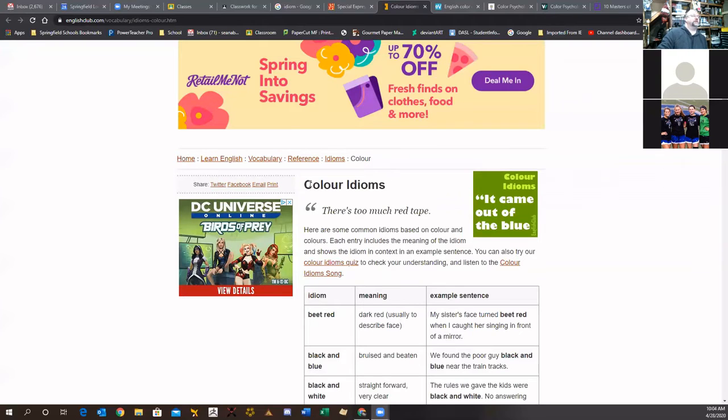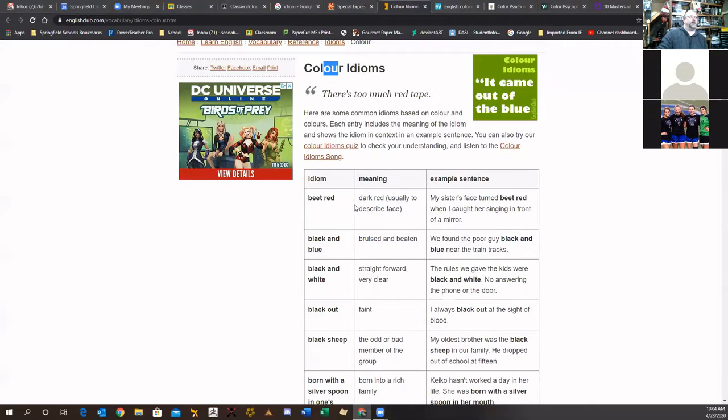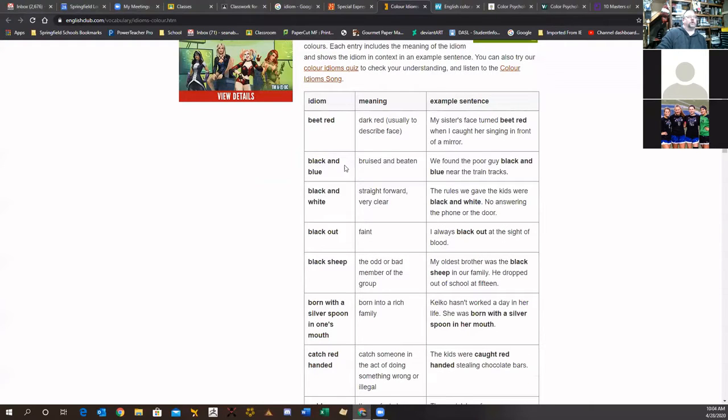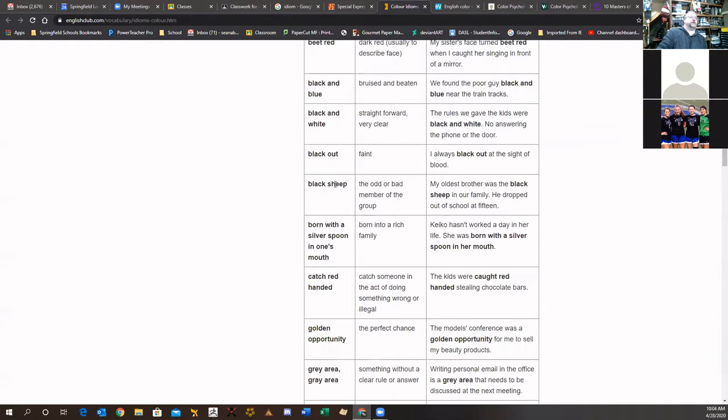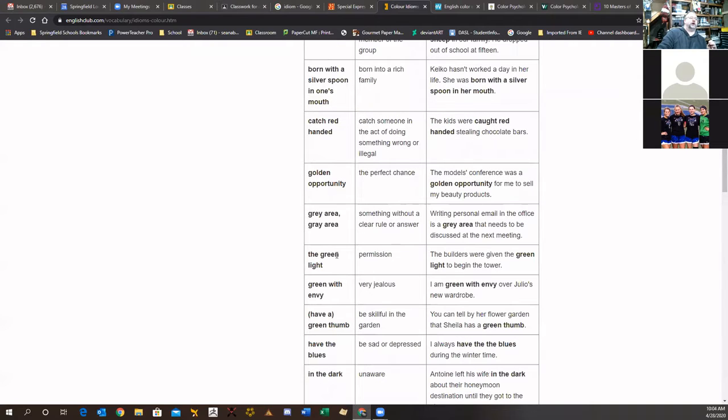So I went through and picked out some colorful idioms, such as beet red or black and blue. And it gives you the meaning and example sentences here. And really what I want to focus you guys in on is we use color as a very strong part of our descriptive language, but we don't always think about it.